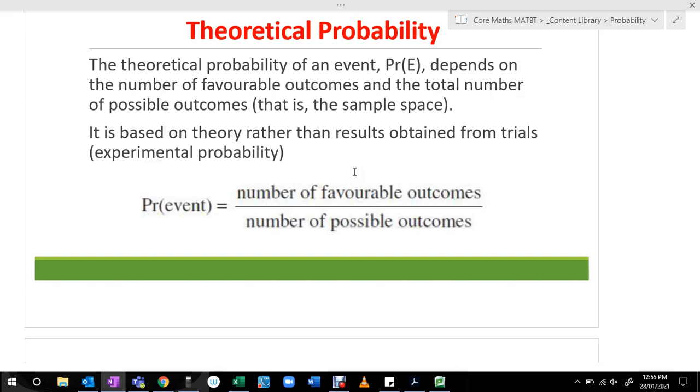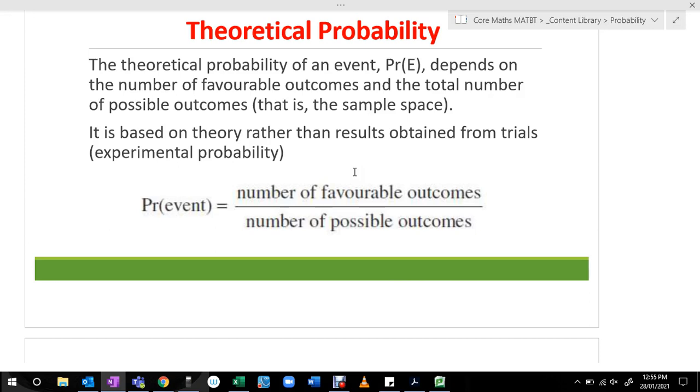So the number of favorable outcomes divided by the number of possible outcomes. So the number of favorable means what you want, or the thing that you're aiming for, divided by the number of all the possible outcomes. So let's say, for example, I want to select a random event here.